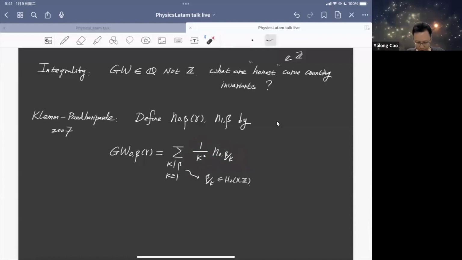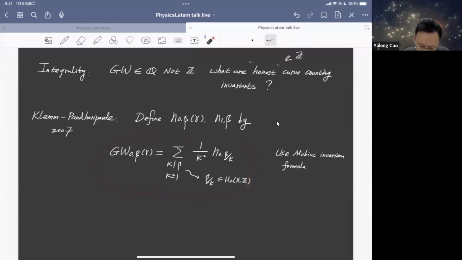If you fix a non-zero effective class beta, such possible k form a finite set, so this sum is a finite sum and it makes sense. Another thing is the so-called Mobius inversion formula, which you can search on the internet, saying that you can invert this formula.